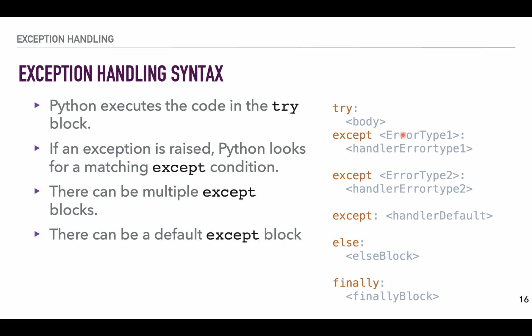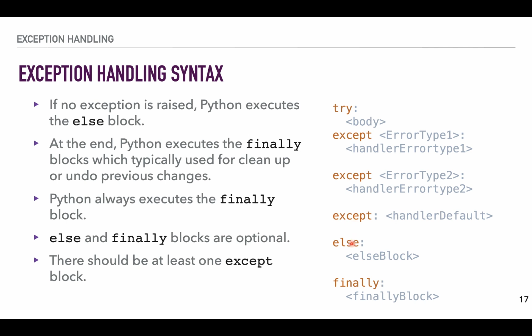But we don't know all types of errors. So to be on the safe side, we can have an except block without an error name, which means that if none of my except blocks cover the issue, I want this except case to be executed.